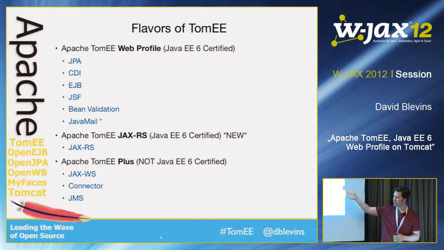Then Apache TomEE Plus contains the rest of the things that I mentioned. So web services and JMS, connector architecture. The first two are certified, and the last one is not. And what that means is that all of these servers pass the same tests, but if you have, say, 5 things in your certified server and you add a 6th thing, and that 6th thing doesn't pass the TCK test, then the whole server can't be considered certified, even though you've not lowered the certification mark.